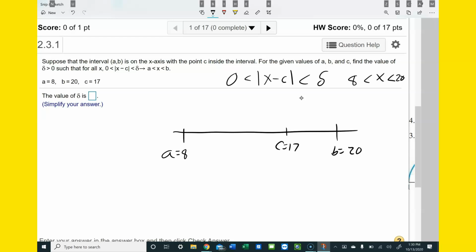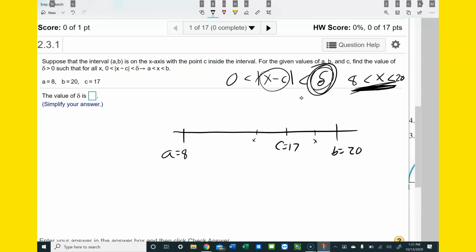The distance between x and c is less than some delta. What delta value will ensure that x, which is some distance away from c, stays between 8 and 20?